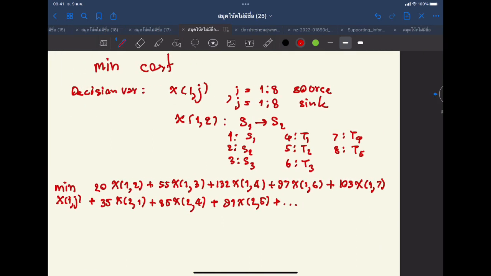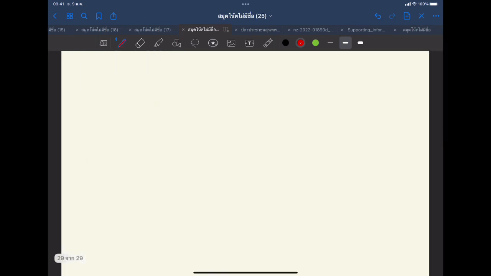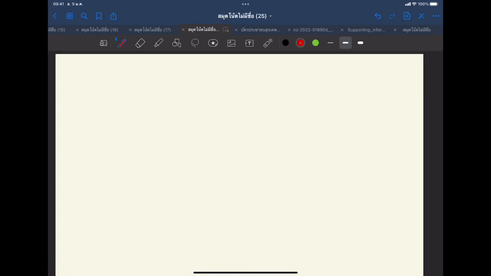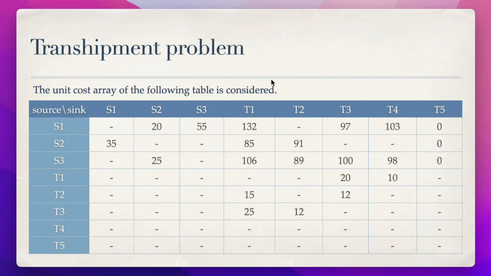Now we look at the constraints. For the first constraint, we look back at the network again.